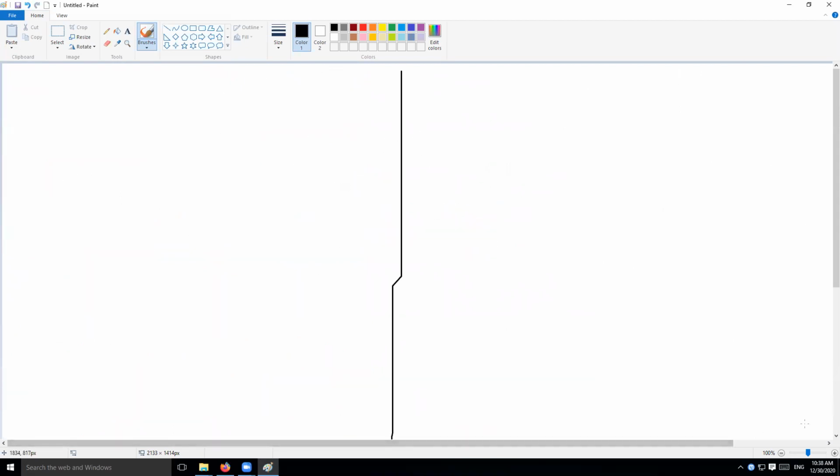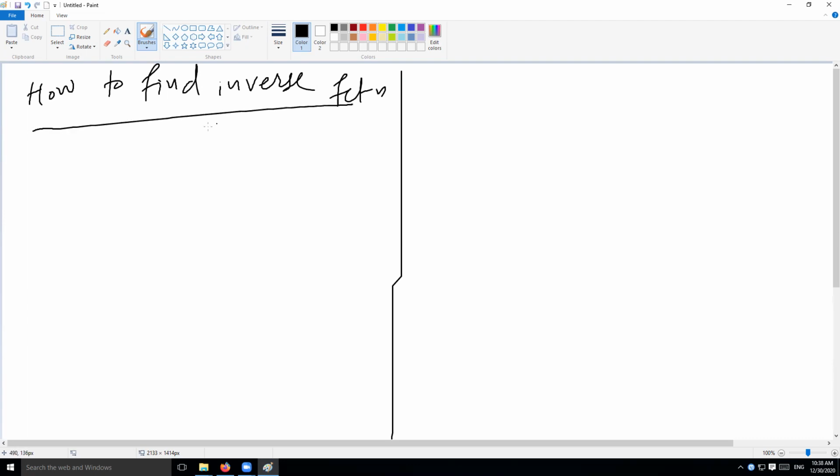Now, how to find the inverse function? Imagine I have been given a function. I hope you have learned this in calculus. Have you learned to find the inverse function in calculus? Yes, sir. Okay, so you know how to find the inverse function. Now you can see why that strategy that you learned in calculus works for finding the inverse function.